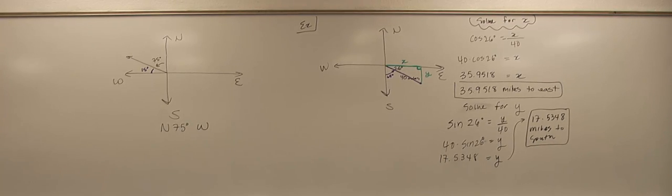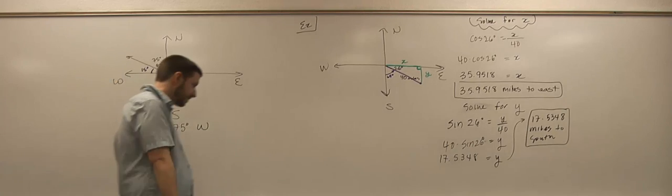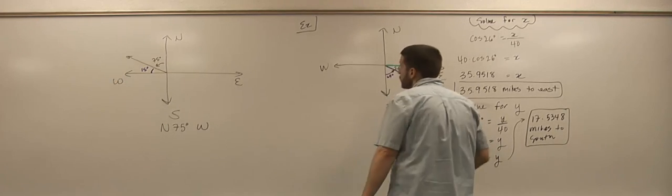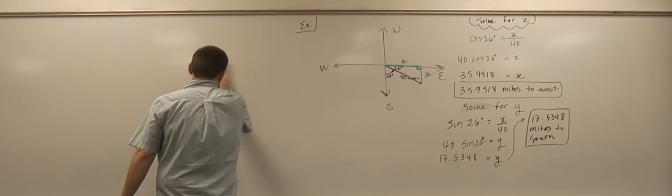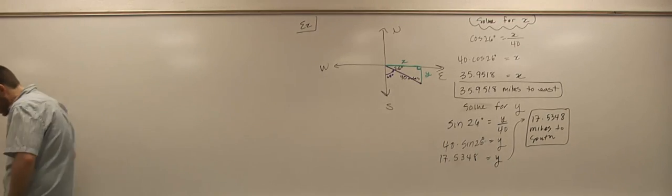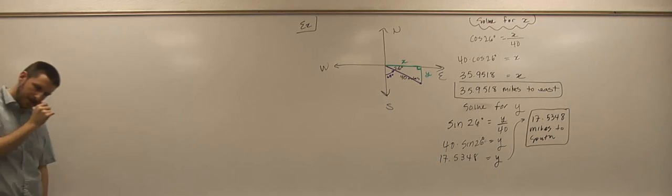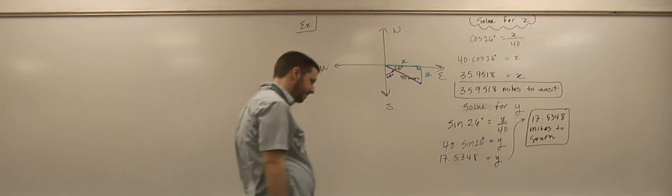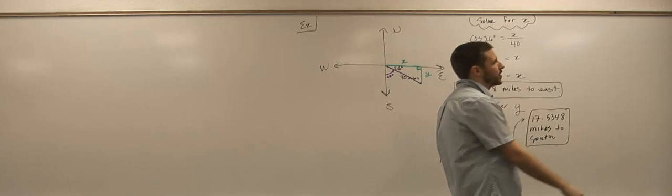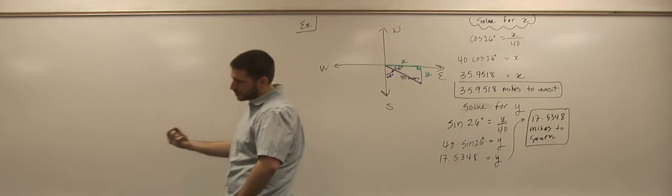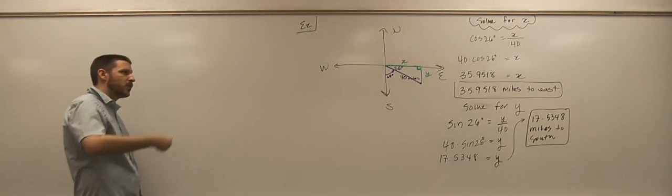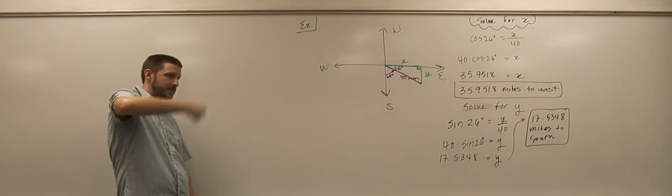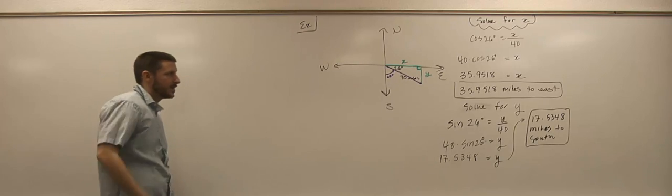Simple harmonic motion. So the idea behind simple harmonic motion, I talk about a guitar string. If you imagine a point on a guitar string, when you pluck the string, that point is going to oscillate up and down, up and down, up and down.